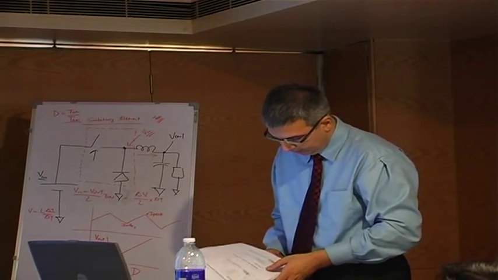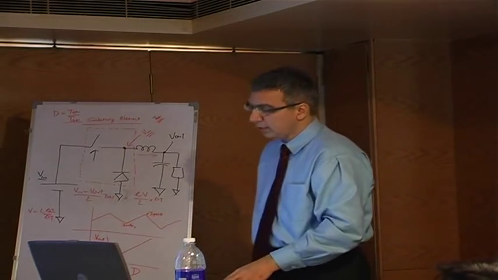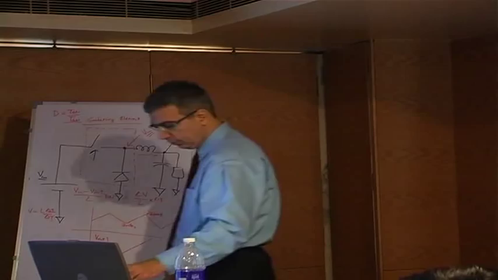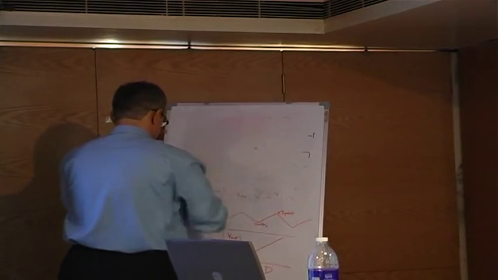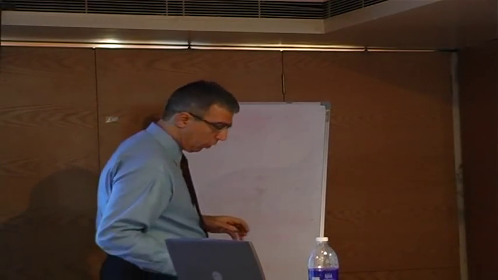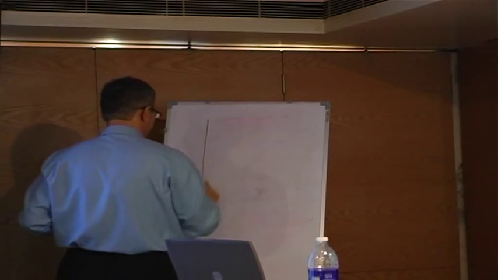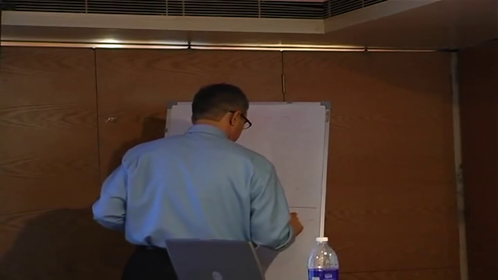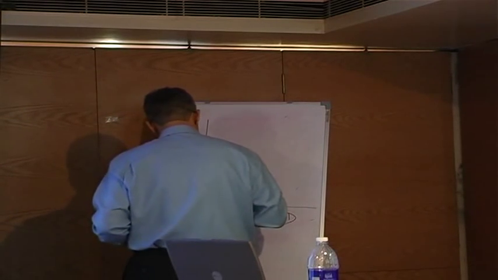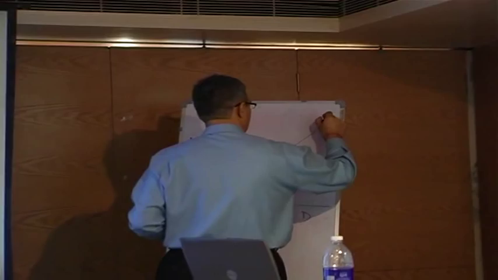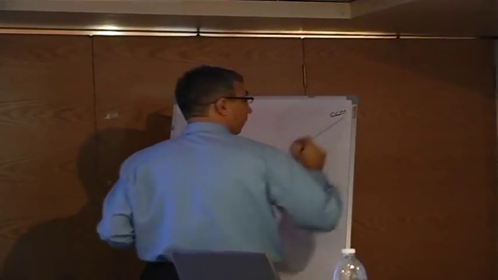So if you were to plot the transfer ratio, I'm going to erase this. If you plot the transfer ratio, this is your D, this is your M, right? So you had this for the continuous conduction mode, okay?